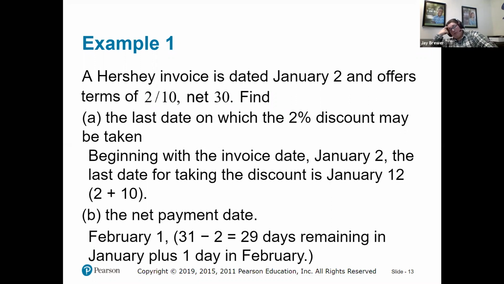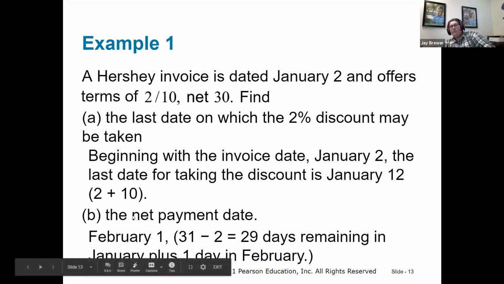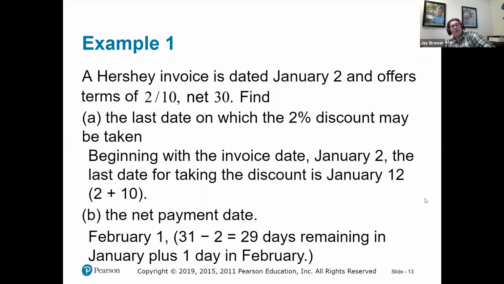So February 1st, you take 31 minus 2, get 29 remaining in January plus 1 day in February. So February 1st. So awesome. So glad I did that all in my head and got it right. Yay, you'll get there too. You probably did. You probably beat me to it. Because I'm sure you guys are better with the calendar than I am.